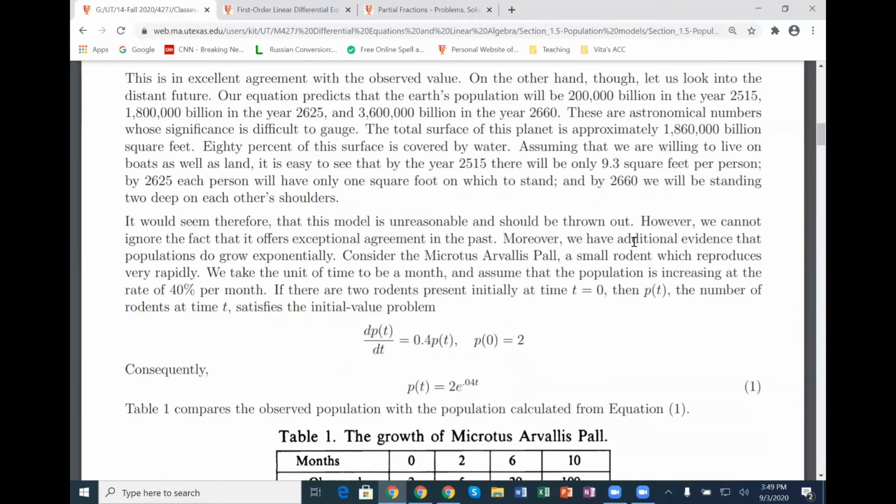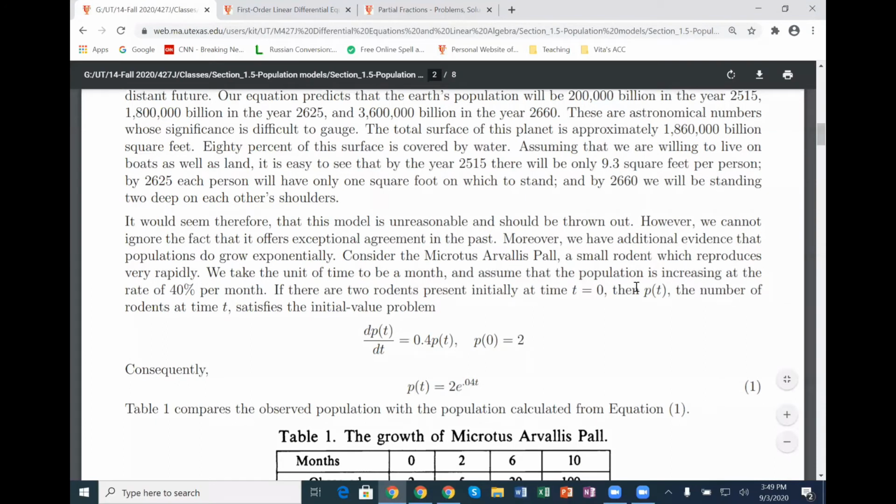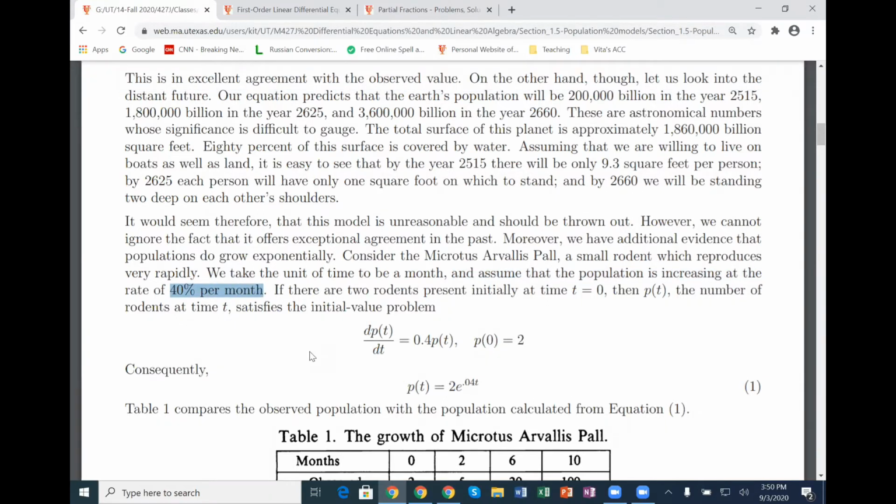Here's another example. Over here, a small rodent reproduces very rapidly. We take the unit of time to be a month, and assume that the population is increasing at the rate of 40% per month.